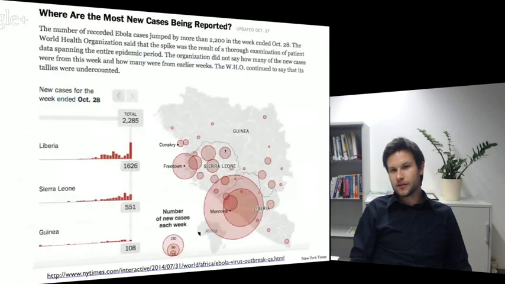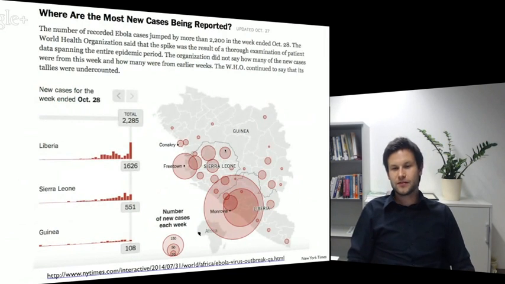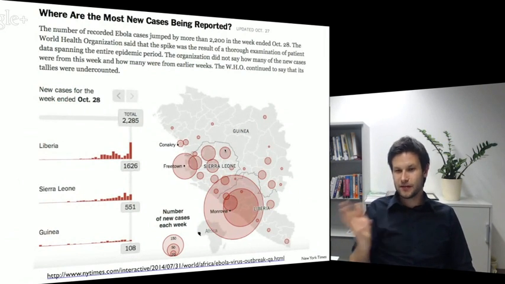Okay, so these are my last slides. It's examples from the New York Times where they really did an amazing job to tell stories based on complicated and large data sets. For instance, this is from October 27, and it shows the cases of the Ebola outbreak.